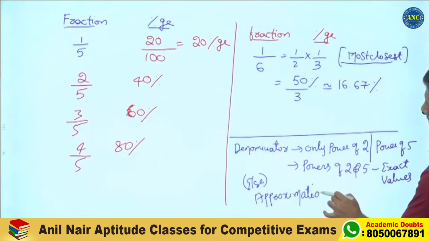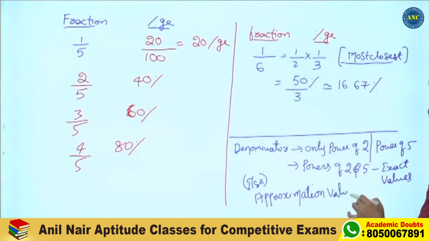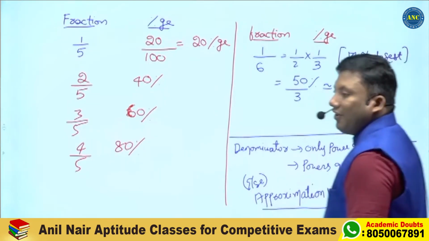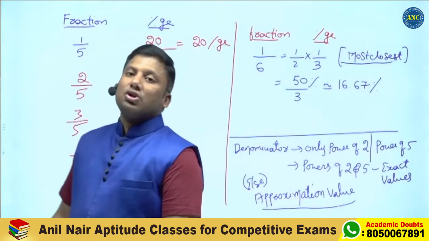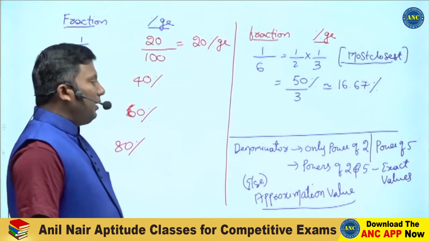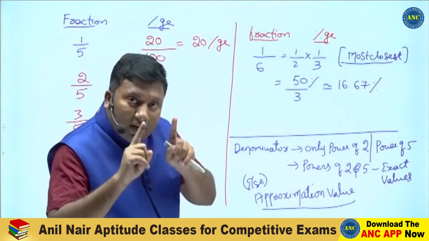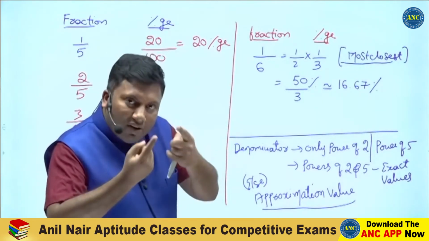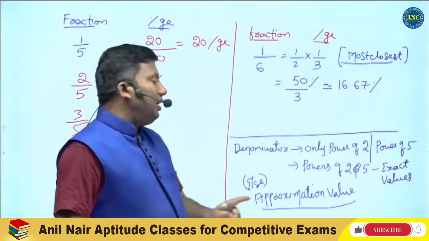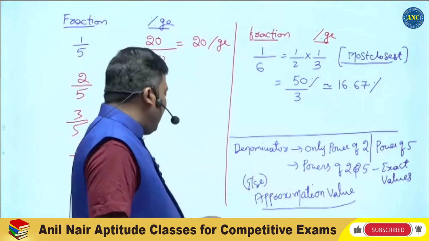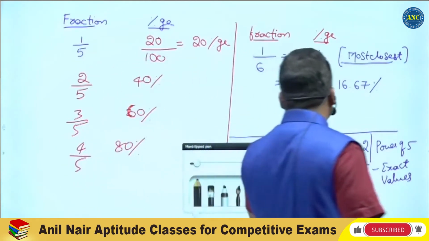So 33.33 is the most closest answer for 1 by 3. If the denominator is derived from either power of 2 or power of 5 or powers of 2 and 5, then only I will get the exact values. Underline these keywords, sir.